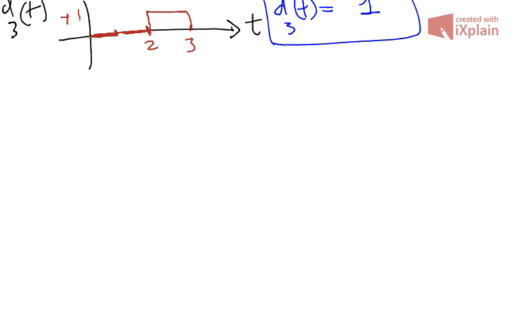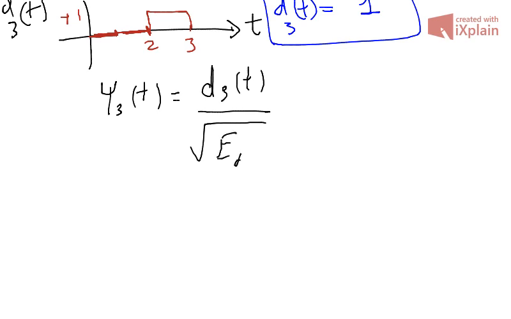Now once you get your d3, you can also find out its energy, right? The energy of this signal, E of d3. What would be the energy of our signal? If you observe your signal d3, we have to find out psi 3 of t, which is actually d3 of t divided by the square root of the energy of that signal.